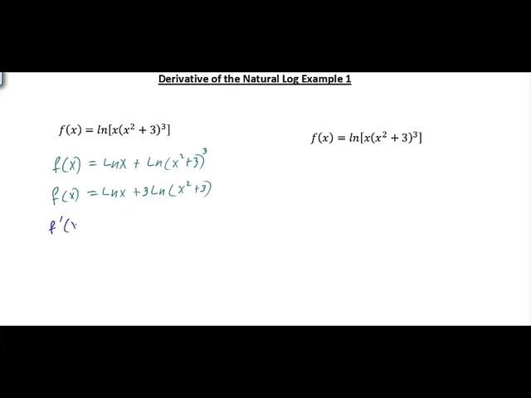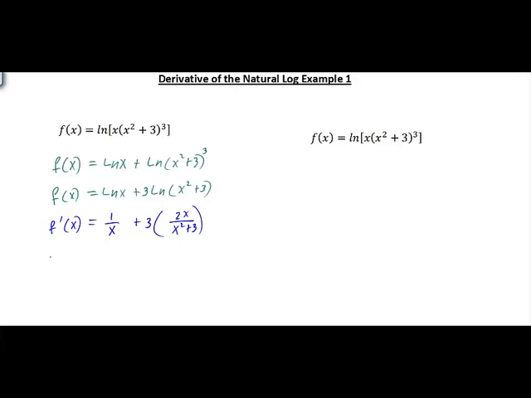So here, after we rewrite this problem, now this is set up very easily in order to take the derivative. We have the derivative of the natural log of x, which would be du over u, so that's simply 1 over x, plus we have 3, that's our constant multiplier, and if we take the derivative of ln of x squared plus 3, we take the derivative of x squared, which is 2x, and 3 goes to 0, and that's all over the u, which is x squared plus 3.